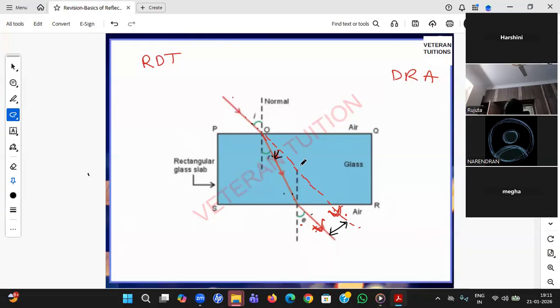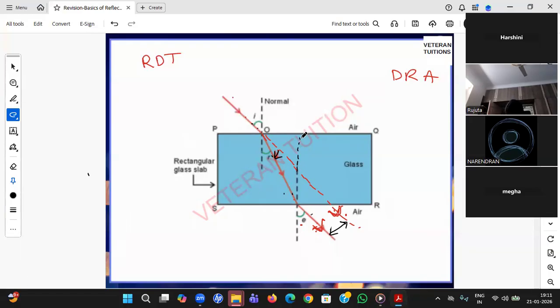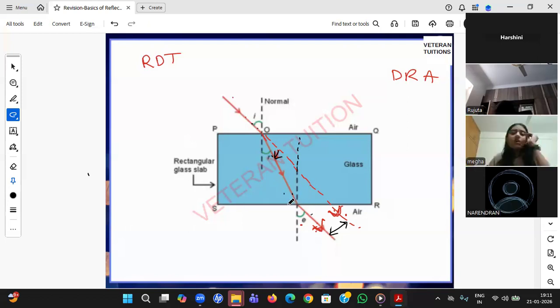One second, student. One more thing I need to explain to you all. Harshini, what will be the angle E and angle I? How will they both be? Will they be equal or different?